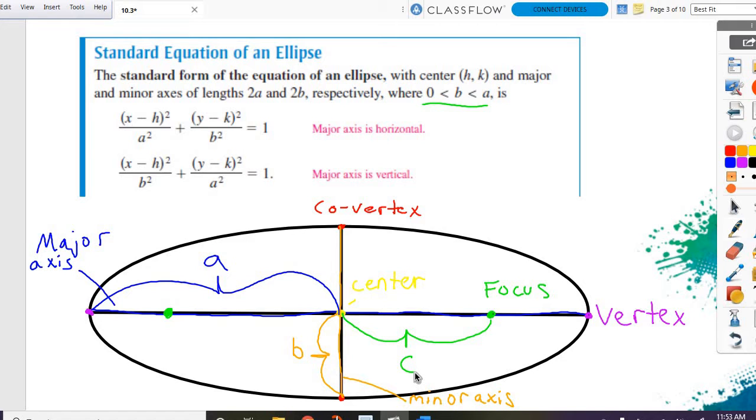Are we all with me so far? A lot of labeling and variables and such. Now, an important thing to notice is that we can create a triangle.